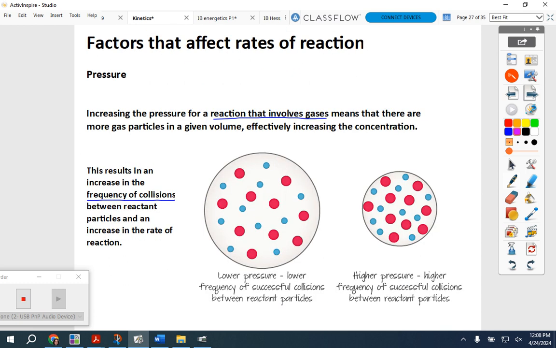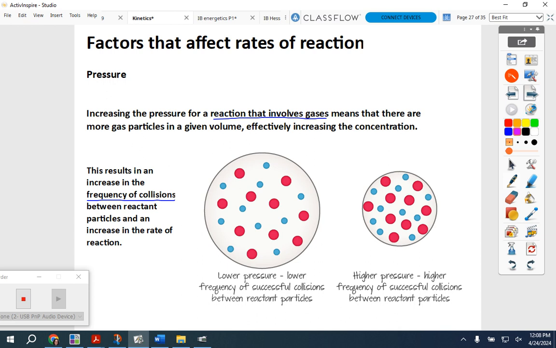The same thing happens when we have gases. If we put a bunch of gases in a tank and have them react, the same thing happens, but we don't talk about it in terms of concentration of the gas. We talk about it in terms of the pressure of the gas. But it's the same concept. If we have more particles within the same amount of space, or the same number of particles but a smaller space, they're going to be more concentrated.